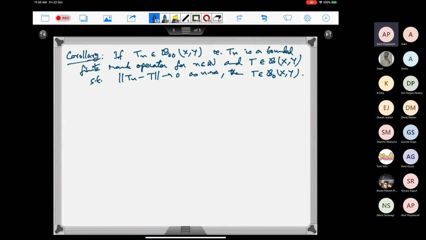This is simply because the finite rank operator is always compact.